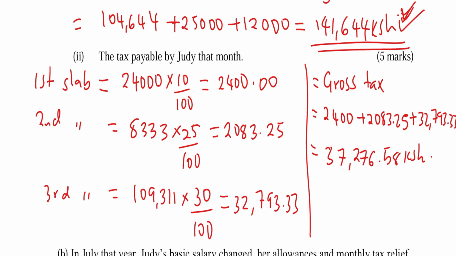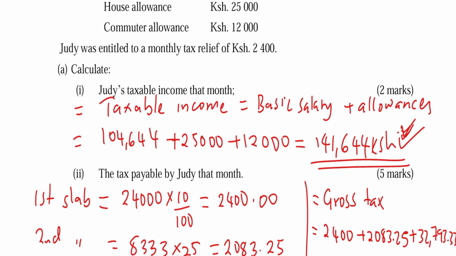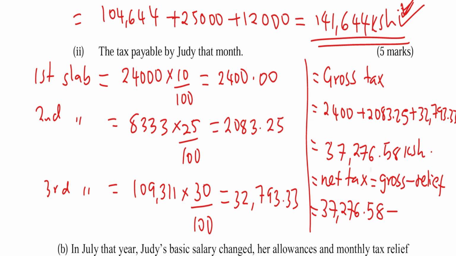Now, for you to get the net tax, net tax is equal to your gross tax minus relief. So our gross tax is 37,276.58 minus the relief that I've been given in the question. Now, you wonder what this is? Relief is just something that's relieving you from the burden of huge taxation.